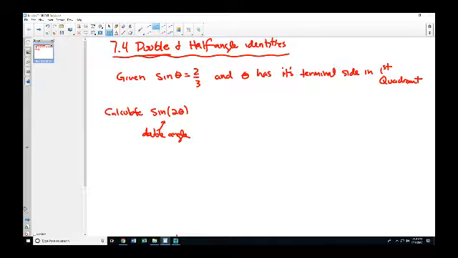There is one, it is 2 sine theta cosine theta. So you have to use that identity.